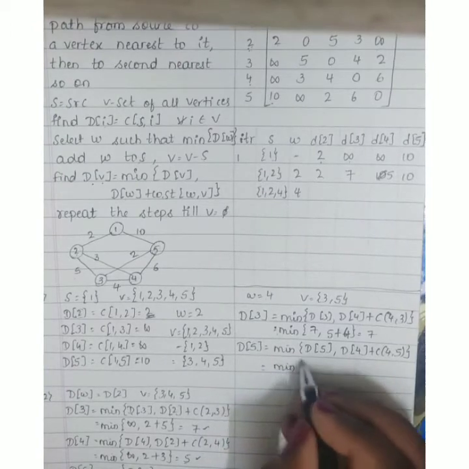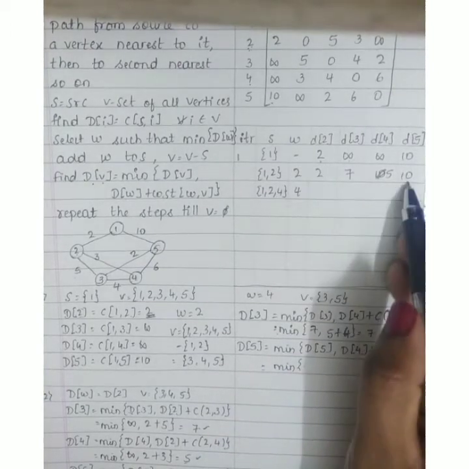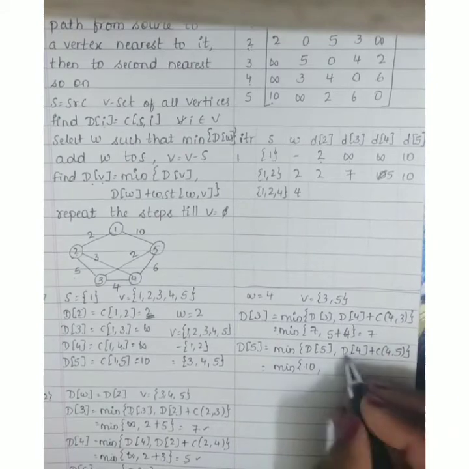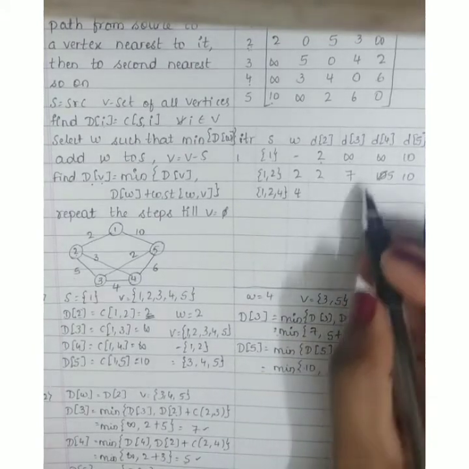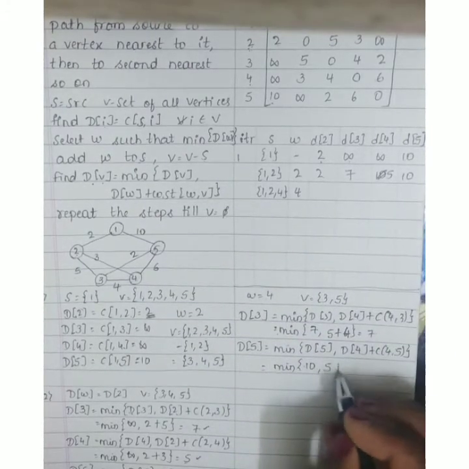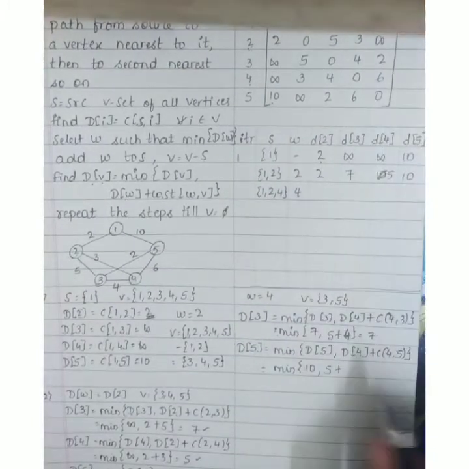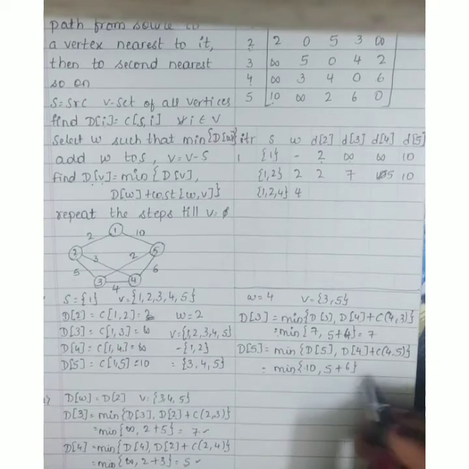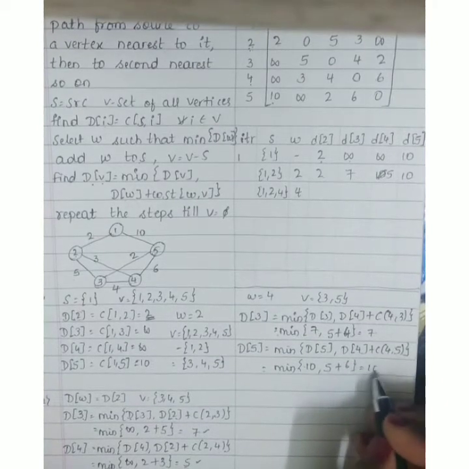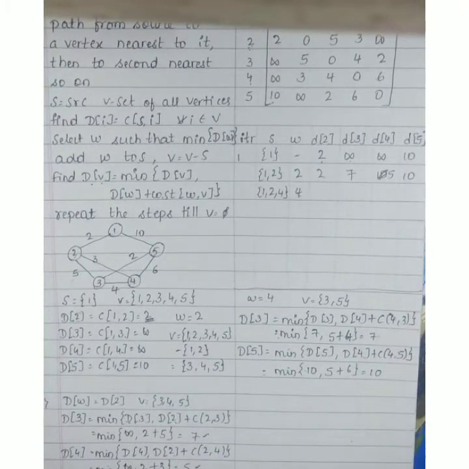It is minimum of d5. What is d5? 10 comma d4. d4 is 5 plus cost 4 to 5. The 4 to 5 cost is 6. Out of these two, which is minimum? 10 is minimum.